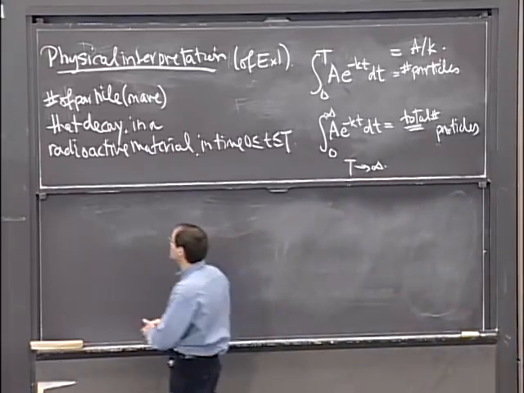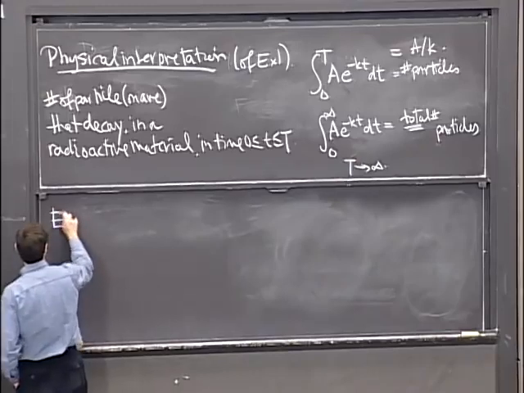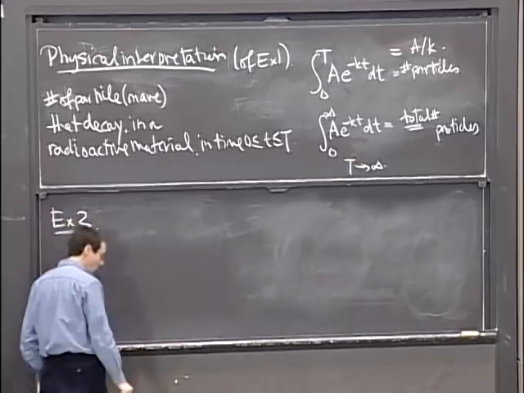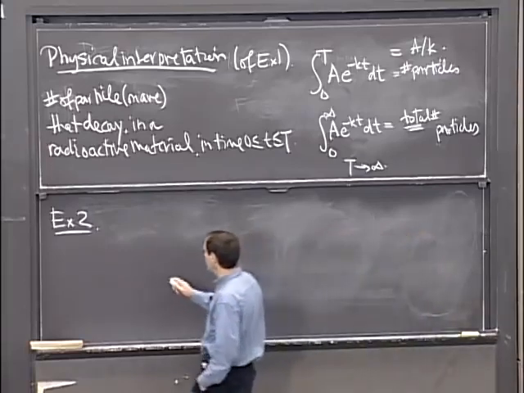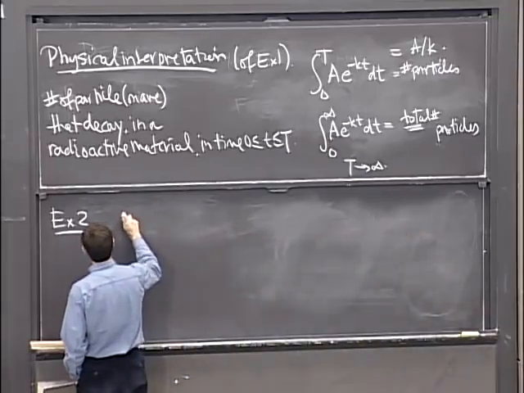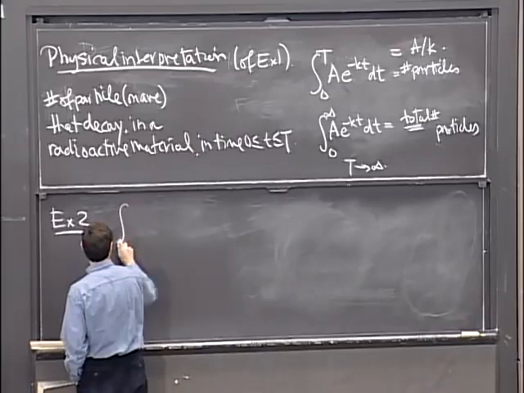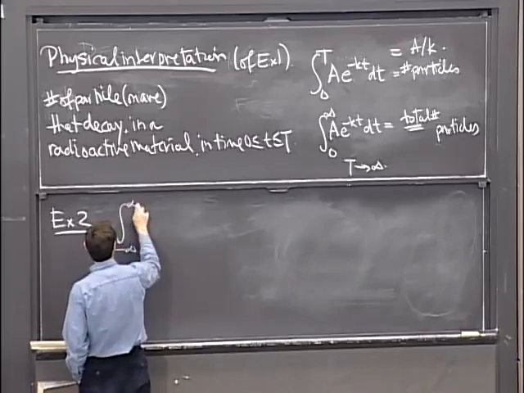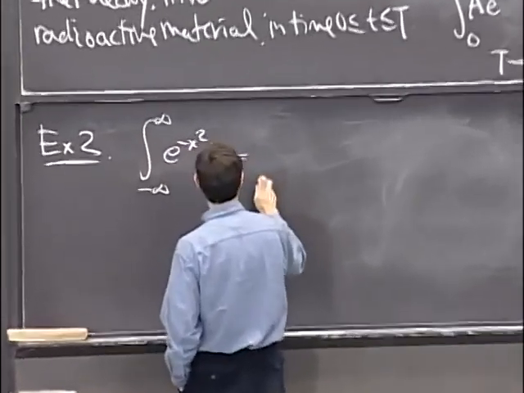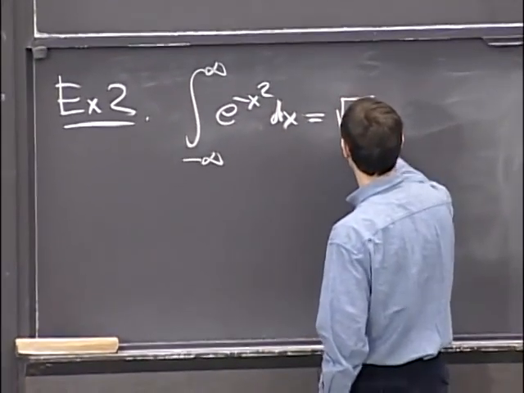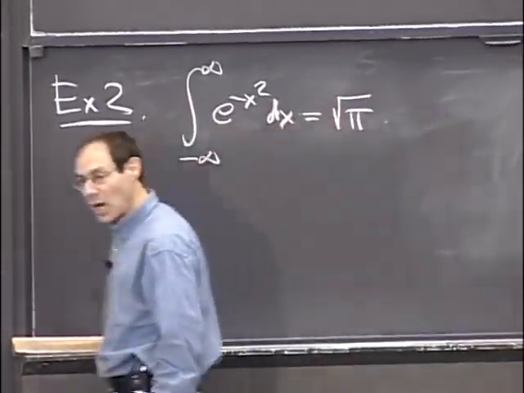we carried this out. There's one other example which we talked about earlier in the class, and I just wanted to mention it again. It's probably the most famous after this one, namely the integral from minus infinity to infinity of e to the minus x squared dx, which turns out amazingly to be able to be evaluated and turns out to be the square root of pi.